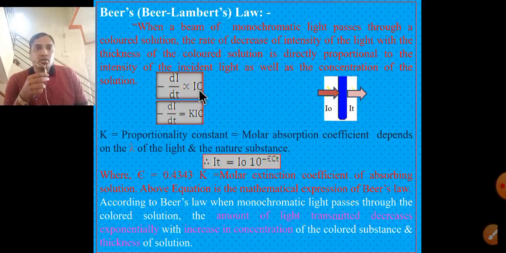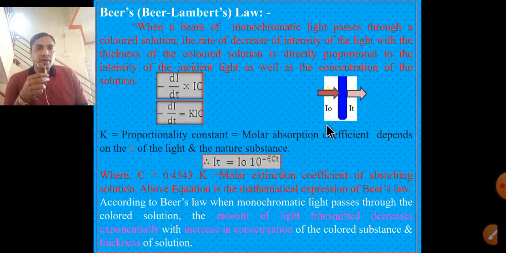That is, minus dI upon dt is equal to k into I into C. K is the proportionality constant, that is the molar absorption coefficient, which depends on the wavelength lambda of the light and the nature of the substance.